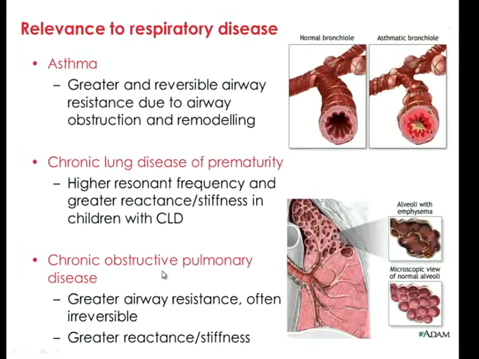It's very common, it affects about I think 1/5 of males over the age of 65, and it's primarily driven by smoking. And we can show in COPD that you have greater airway resistance. This is irreversible, unlike asthma. And there is also, at the same time, a greater reactance or stiffness in the respiratory system.